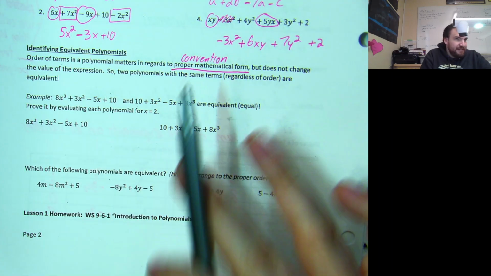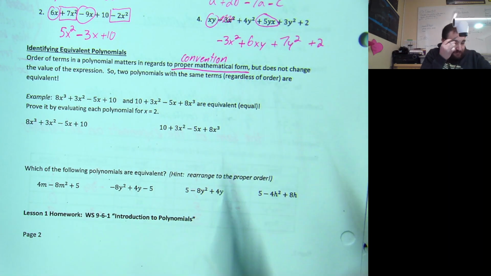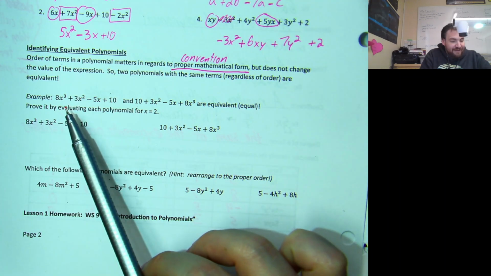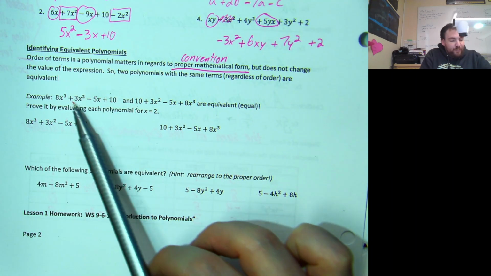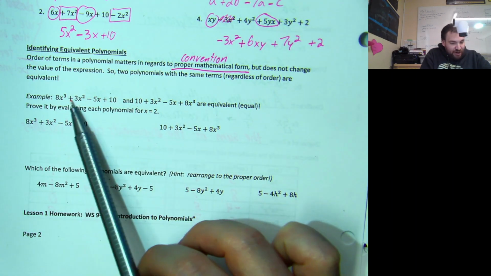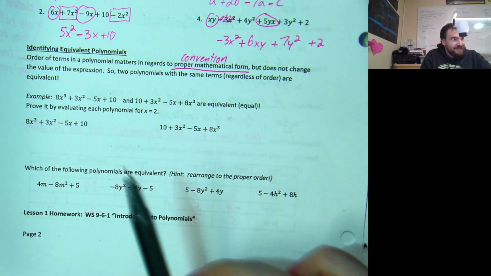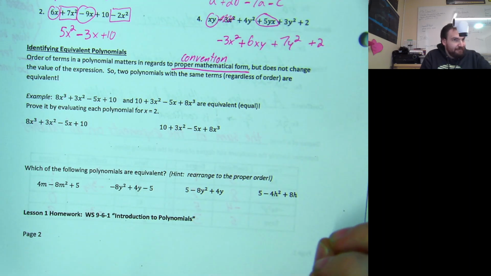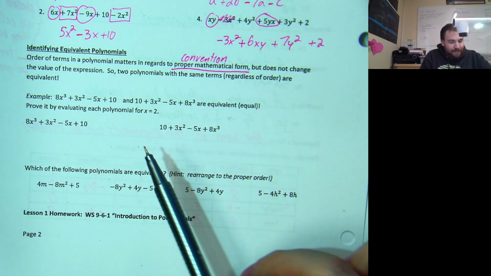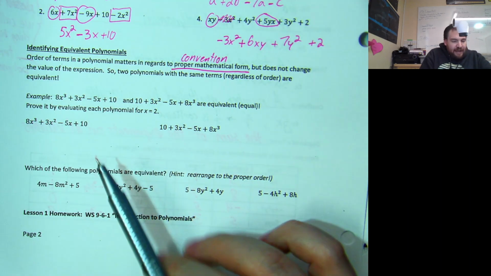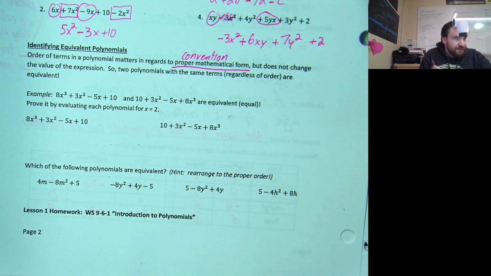That doesn't mean these two expressions aren't the same. Just because the order is different doesn't mean they're not the same. Okay? And we can prove that by putting a value in for our variable and solving, which you're going to have to do on the quiz or test tomorrow, so we may as well do it now.